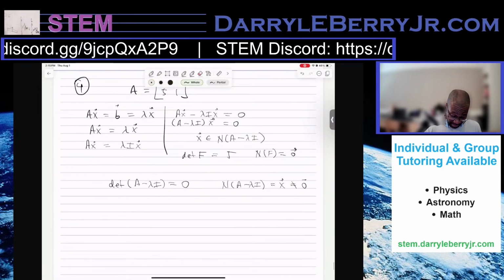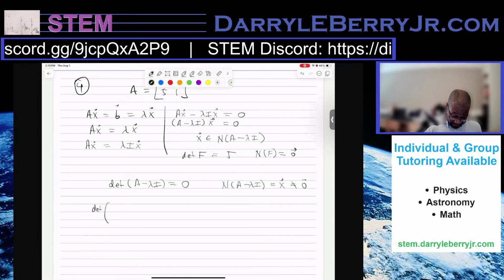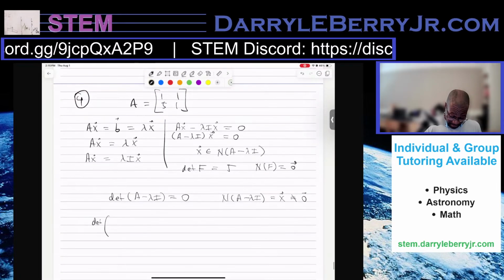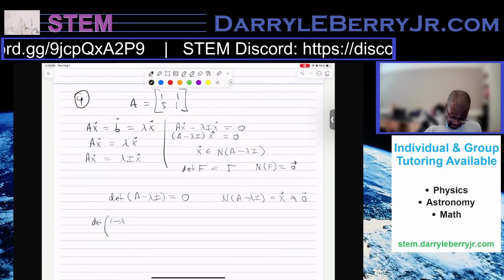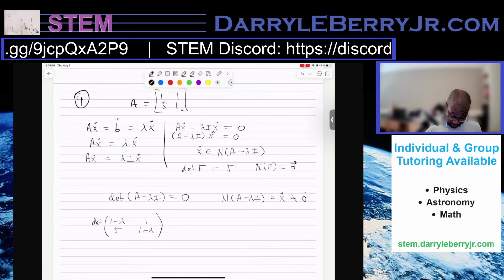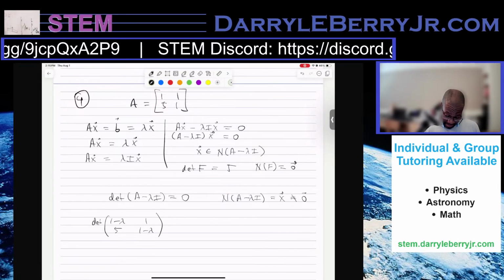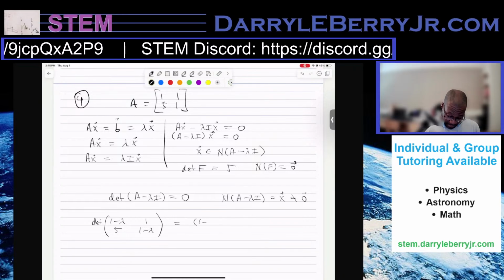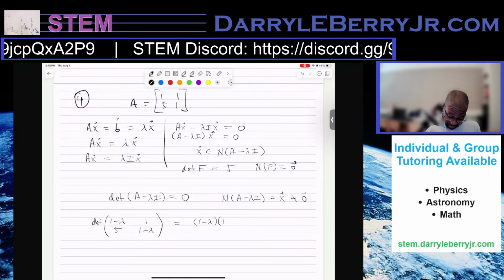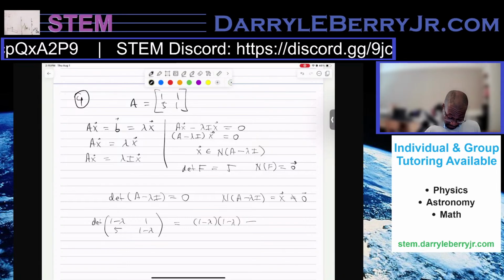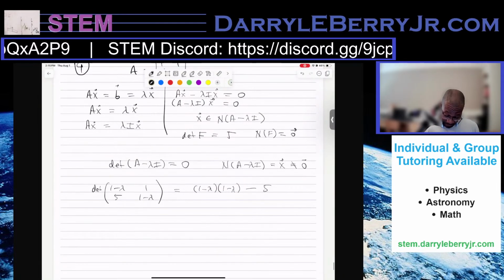So I want to take the determinant of A minus lambda I, so that's 1 minus lambda, 1, 5, 1 minus lambda. And then we have what? 1 minus lambda times 1 minus lambda, minus 1 times 5 is 5.